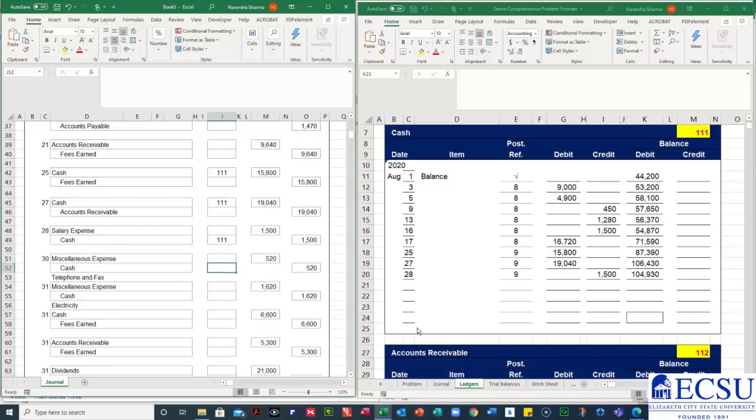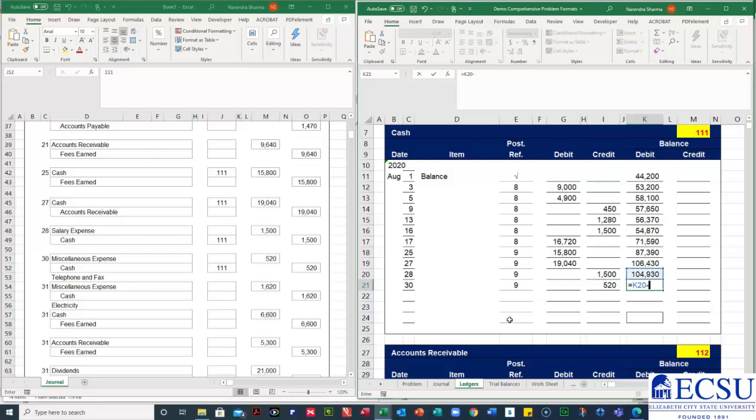Now I have another posting 111, that's on the 30th of the month, page number 9, a credit of 520. So that will reduce my balance to 104,410. Okay, so this one is taken care of.